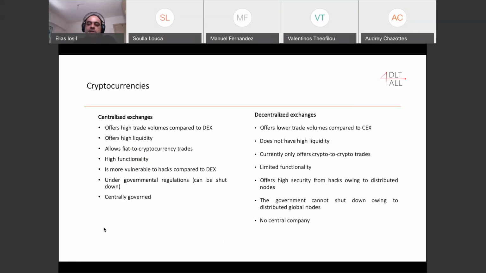The top distinguishing feature is centrally governed versus no central company behind them. Any questions about centralized versus decentralized exchanges?